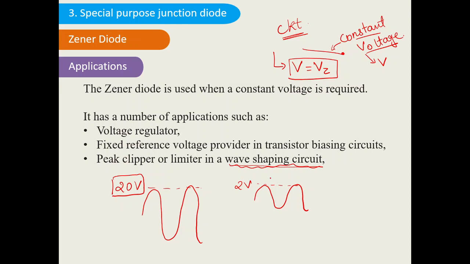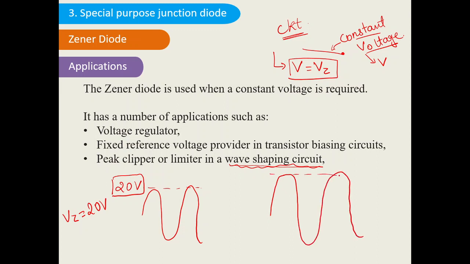So I will use a Zener diode which is of 20 volts. Whenever the wave is crossing 20 volts, it will clip that 20 volts. For example, the wave is present at 25 volts, but we are using a Zener diode as a peak clipper. Whenever we get 20 volts, it is going to clip it.